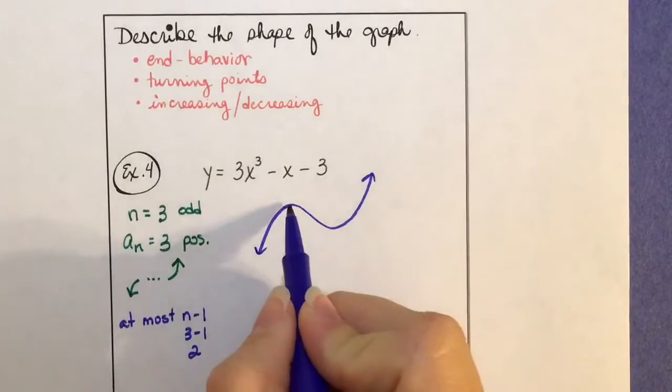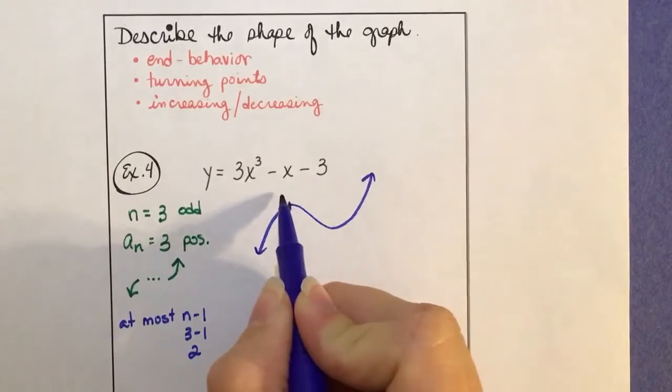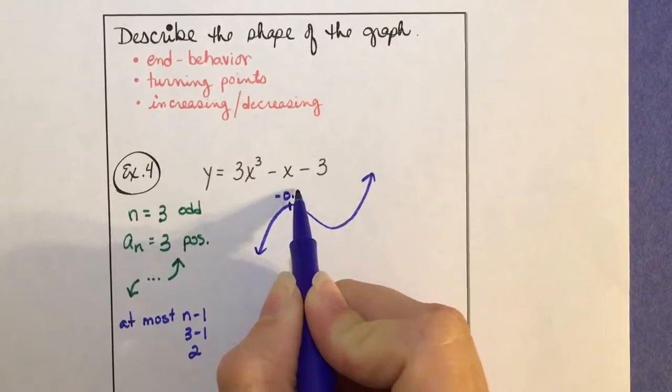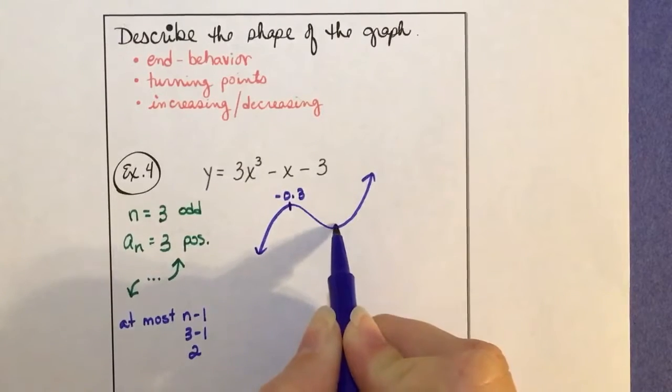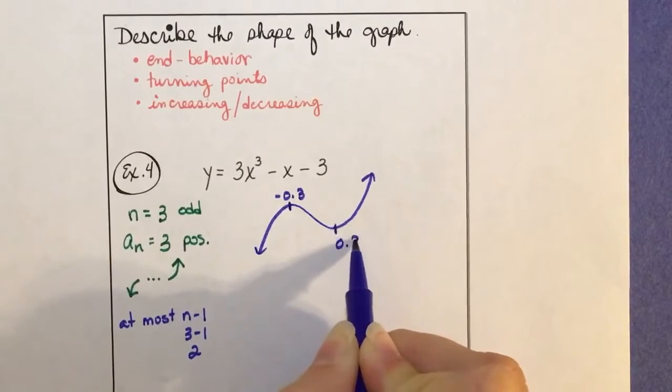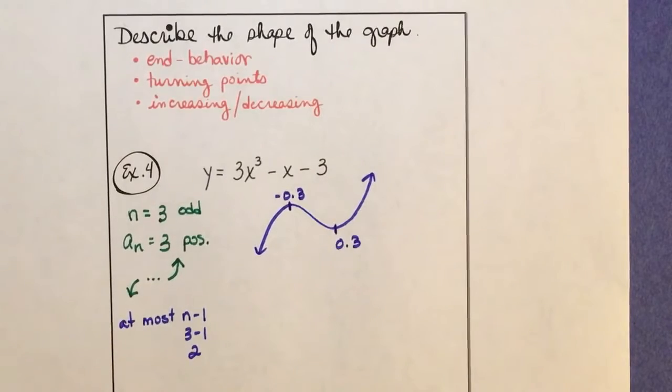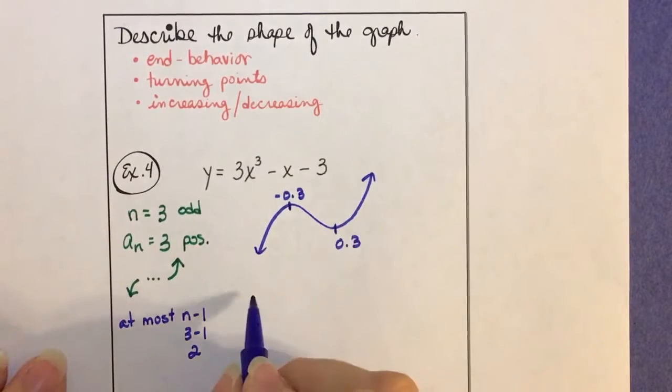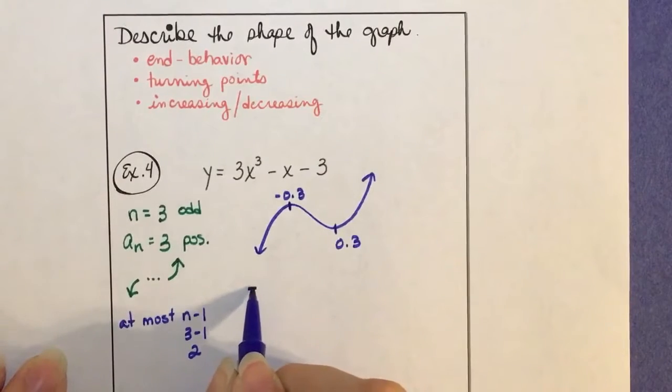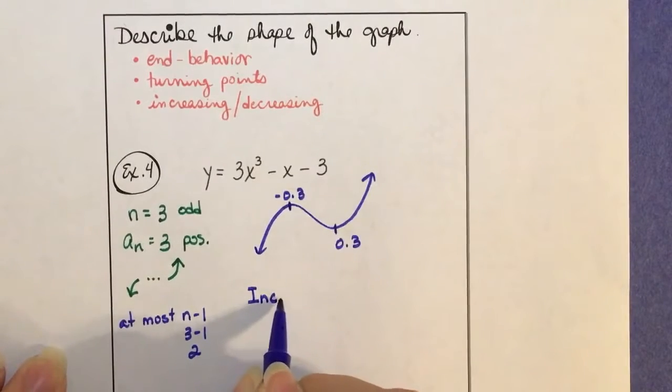Now we found this to be negative 0.3, and we found this to be positive 0.3. I'm not even writing down my whole ordered pair because when I do increasing and decreasing, remember, I only want the x's, okay? So where is my graph increasing? So let's start there.